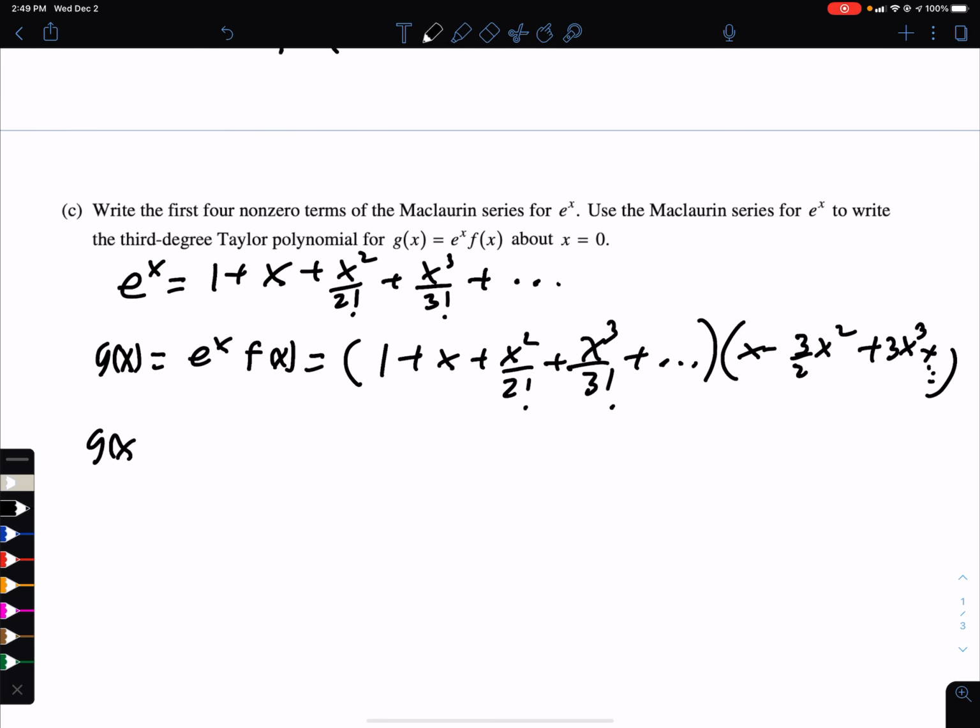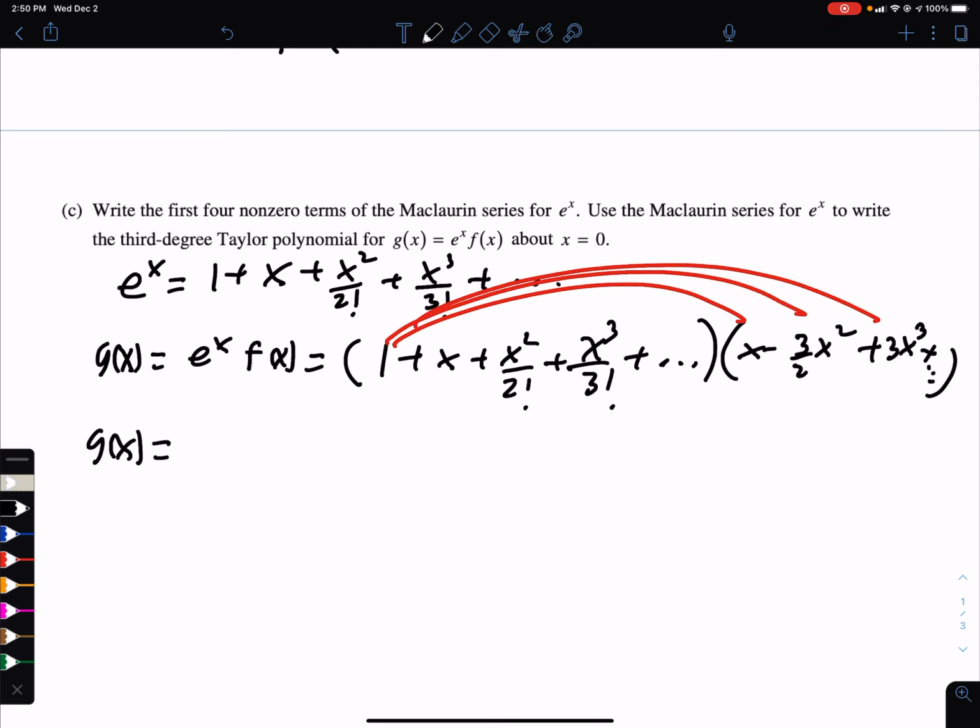So g of x, we want the 3rd degree Taylor polynomial for g of x. So we're going to have to distribute the 1 till we get to a 3rd power. So that's going to be x minus 3 halves x squared plus 3x cubed. Then we have to distribute the x, but only twice because we don't want to get past x cubed.